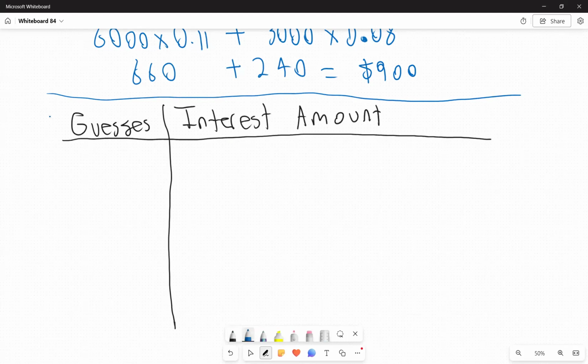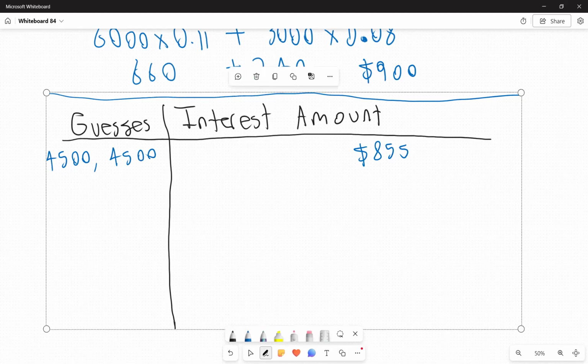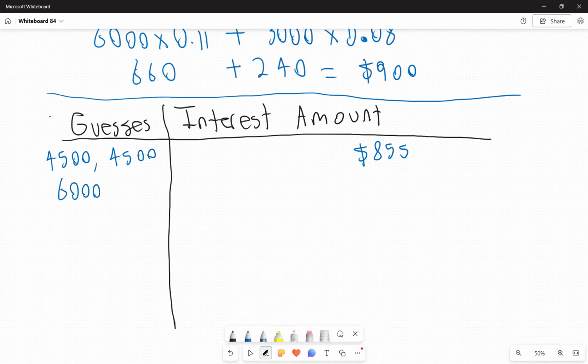Our first two guesses were 4,500 and 4,500, and the interest amount was 855. That was too short. The next two guesses were 6,000 and 3,000. That was 900. We keep falling short, but now we have an idea. We know that we need to keep increasing the amount on the 11% fund.